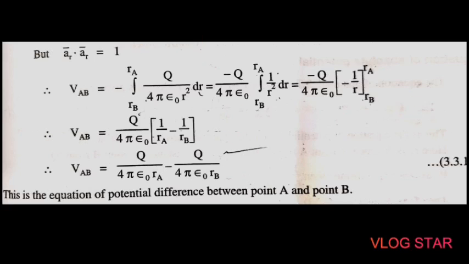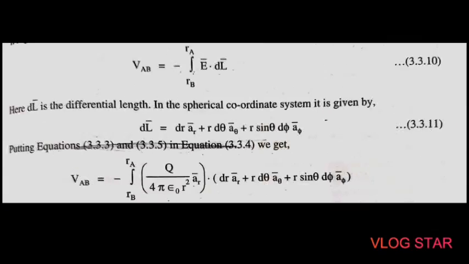So we'll get V of AB, that is potential difference between point A and B, is equal to Q upon 4 pi epsilon 0 Ra minus Q upon 4 pi epsilon 0 Rb. Okay, so this is the final equation of potential difference between point A and B.